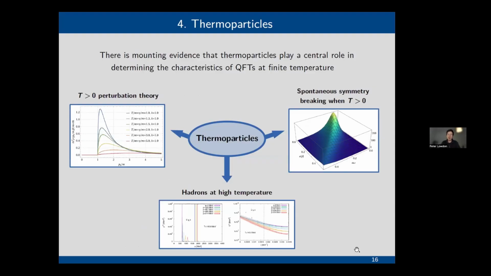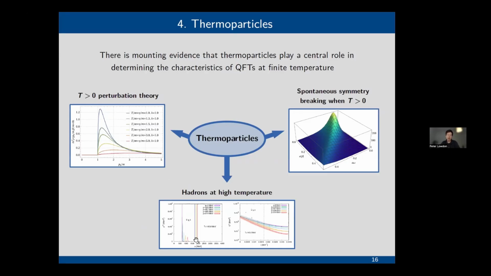I won't have time to talk about different applications of these, but I just want to mention that thermoparticles play a role in many different contexts. I'll focus on this for the remainder of the talk, but because the organizers mentioned work about spontaneous symmetry breaking, I thought I'd sneak in a quick slide about this, because it also relates to thermoparticles, this notion of spontaneous symmetry breaking at finite temperature.